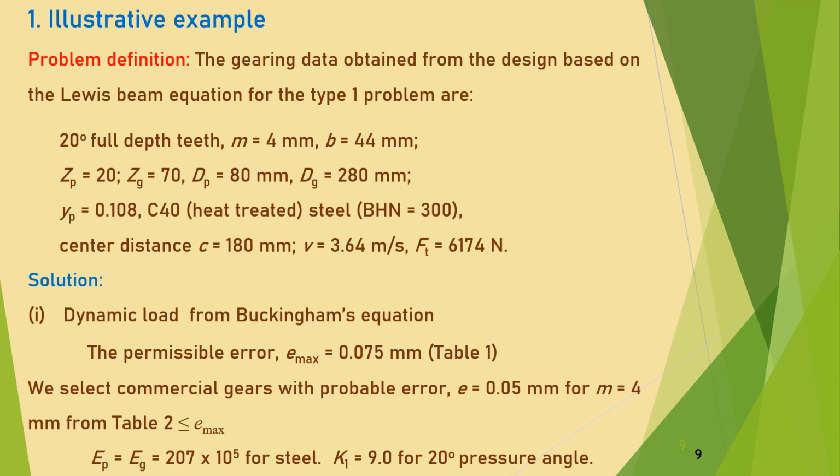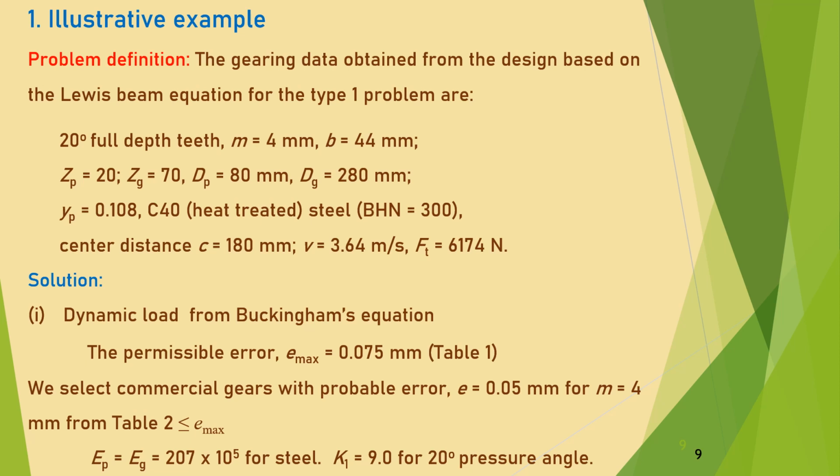The dynamic load from Buckingham's equation can be calculated by selecting the probable error. The permissible error for pitch line velocity 3.64 meter per second is 0.075 maximum from table 1.